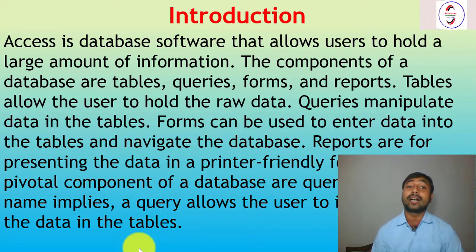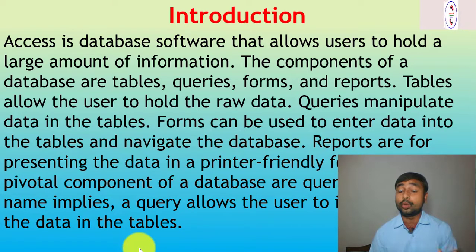But now we will know how we can retrieve the table by using queries, forms and reports. We know that whatever data we store is all raw data in the form of a table. A table has horizontal lines and vertical lines intersecting each other and forming squares, and those cells are ready to store a specified value or data. These are called rows and columns, and they are arranged as a table.